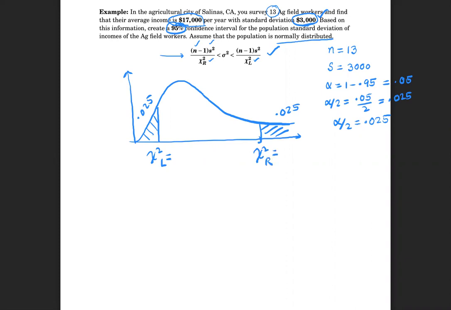And what is our degrees of freedom? df is equal to n minus 1, which is 13 minus 1, which is 12.